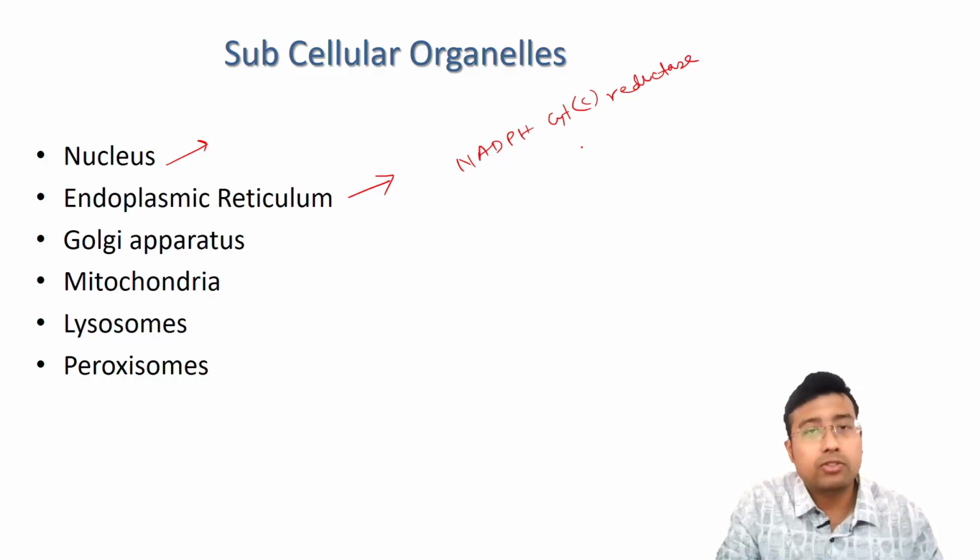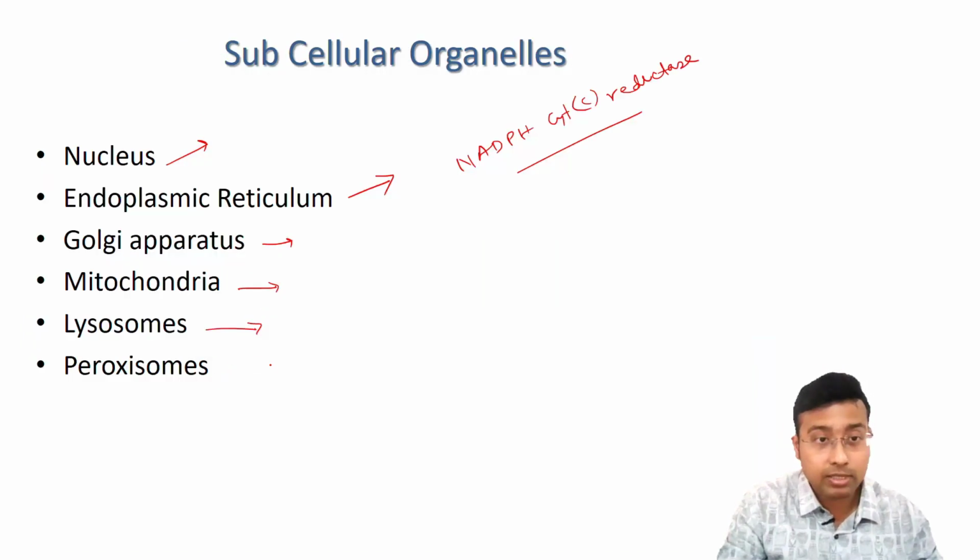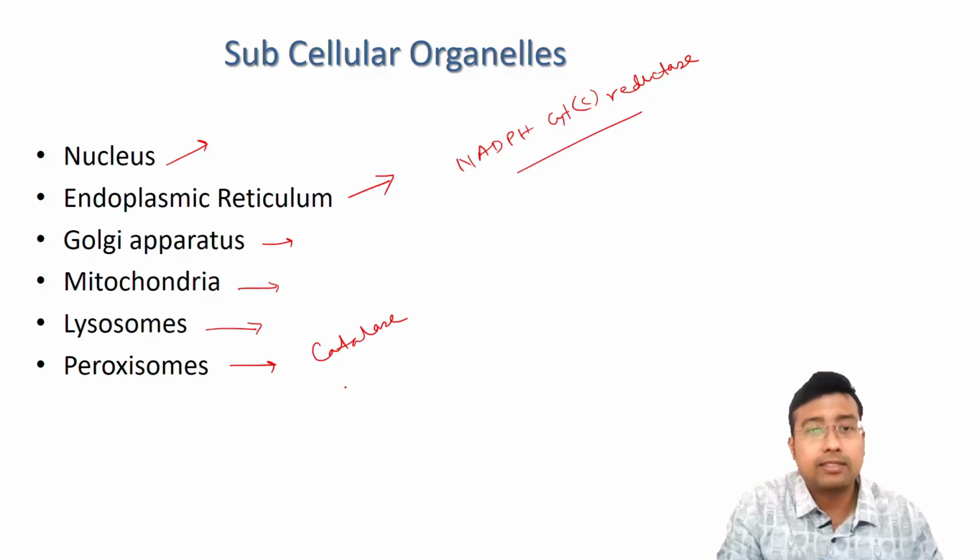So glucose 6 phosphatase and NADPH cytochrome C reductase. Golgi apparatus marker is galactosyl transferase. Mitochondria, ATP synthase. Lysosomes marker is cathepsin and acid phosphatase, just discussed in the previous slides. And the marker for peroxisome is catalase.